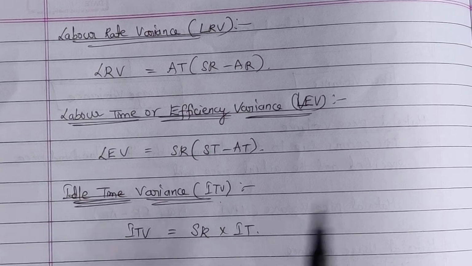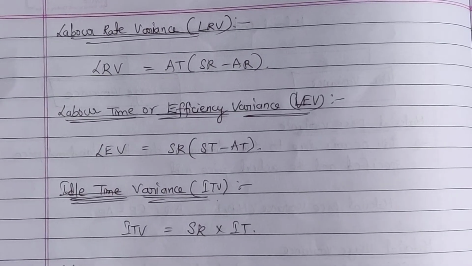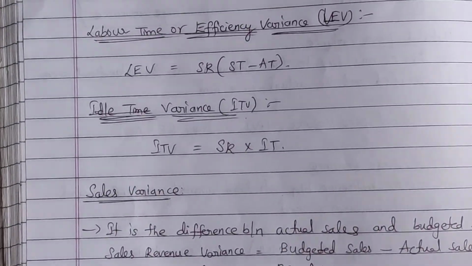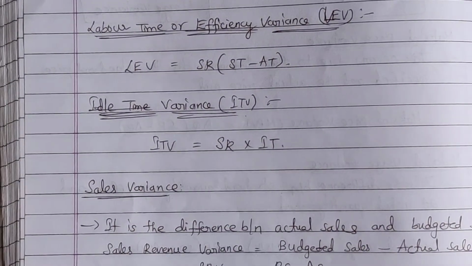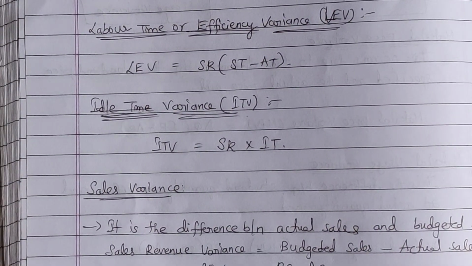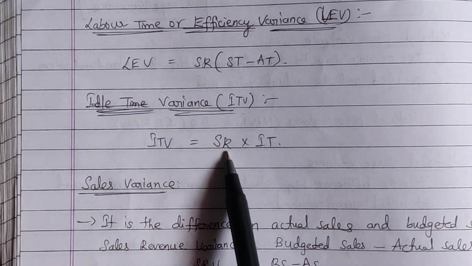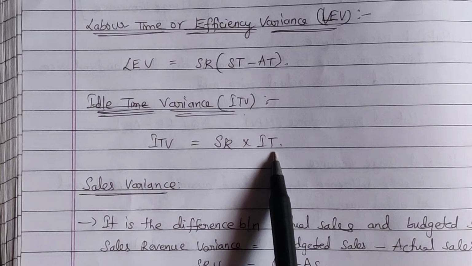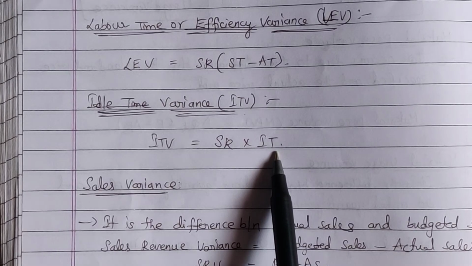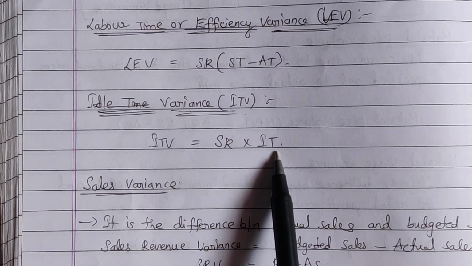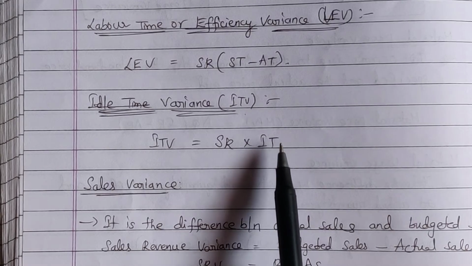And we have another variance called idle time variance. It can be calculated by using standard rate into idle time, that is, how many hours the employees are idle in the workplace.